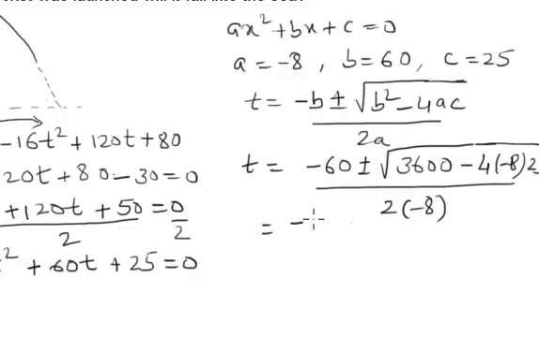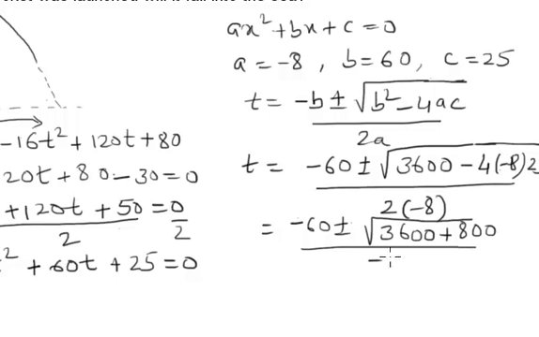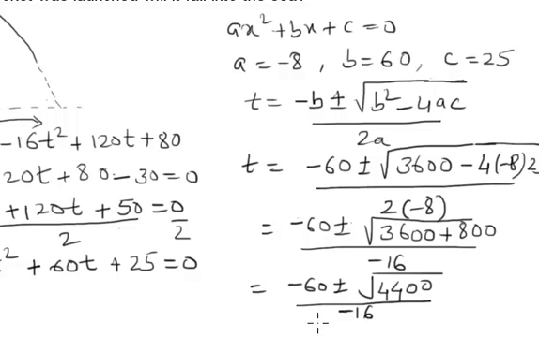So I have minus 60 plus minus under the root of 3600 minus 4 times 25, 100, times minus 8, that is minus 800, minus into minus is plus 800, over minus 16, equals minus 60 plus minus under the root of 4400 over minus 16.